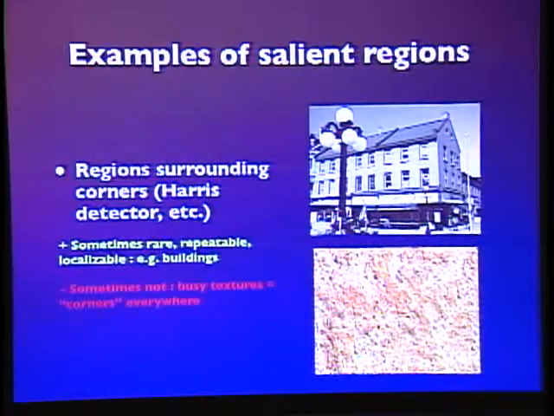So there are some examples of salient regions in the literature, and we talked about one in the very beginning of this class, which is that if you run a Harris corner detector on an image, what you get out is essentially interesting regions, which is kind of nice because it's such a simple algorithm. And sometimes they're rare and repeatable and localizable.